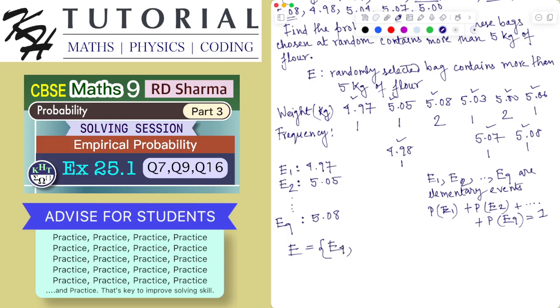It can contain 5.05 kilogram, which is event E2.